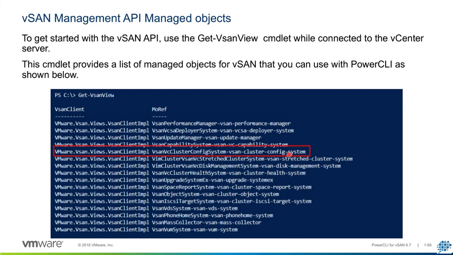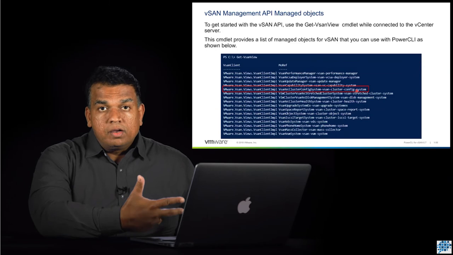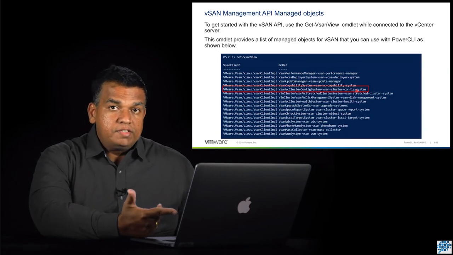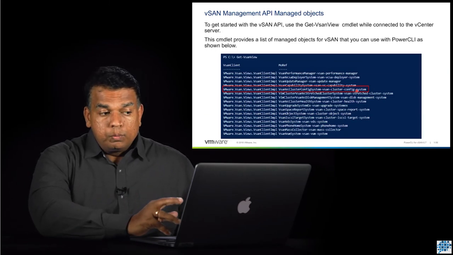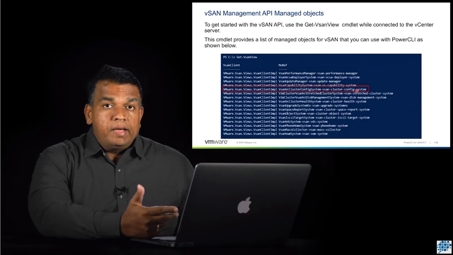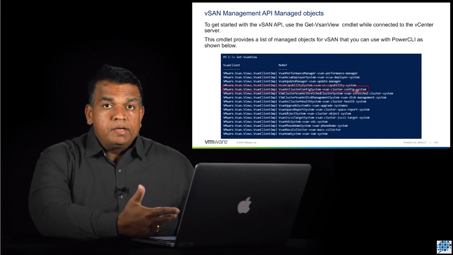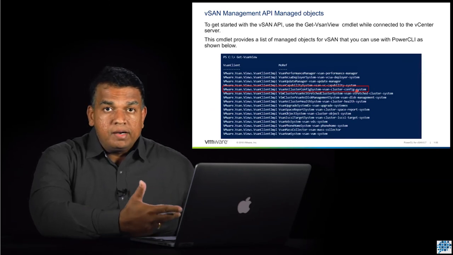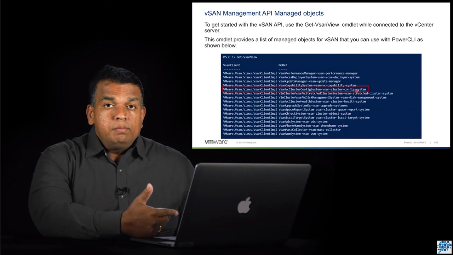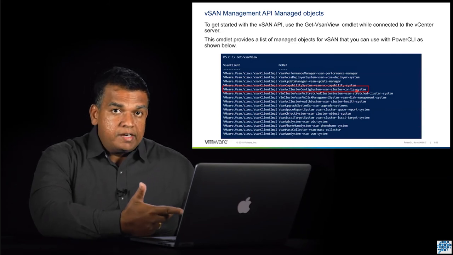As this name indicates, this managed object contains the configuration details of your vSAN cluster. To pull out the information from this managed object, we will be applying different PowerCLI commandlets, but just bear with me here, because these commandlets have a slightly more complex syntax. We'll try to understand it step by step.